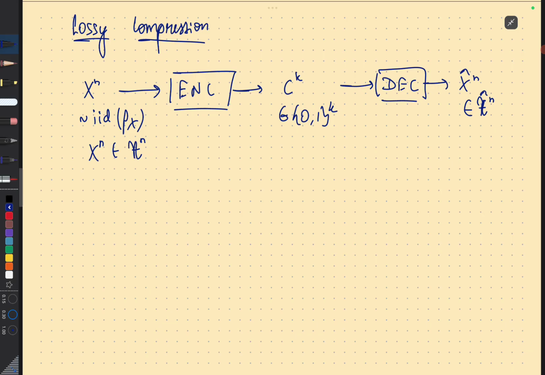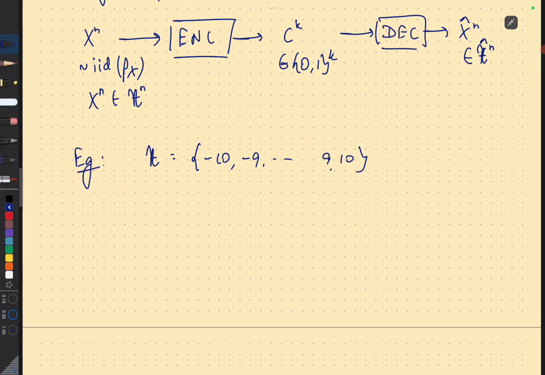Okay, so here is one such example. Maybe the signals that you observe, X, are integers, just as a toy example, and you want to compress them to maybe the following two symbols, minus 2.5 and plus 2.5, for whatever reason.